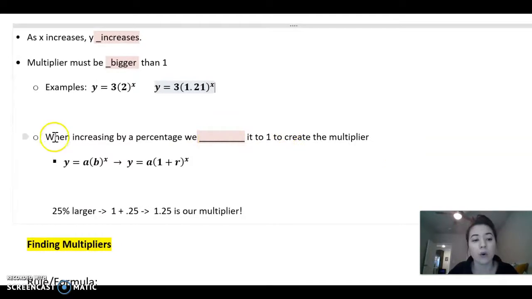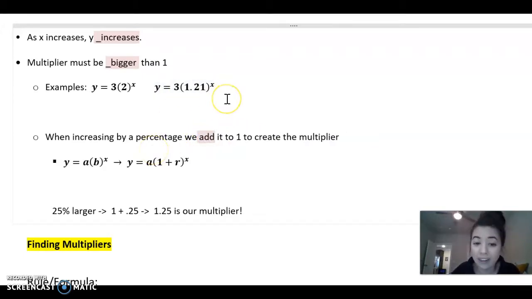Now there is an equation that we're going to use to help us. When increasing by a percentage, so if I tell you cost is increasing by 20%, we have to do something to that to change it into a multiplier. When I give you a percent, we add it to 1 to create our multiplier.